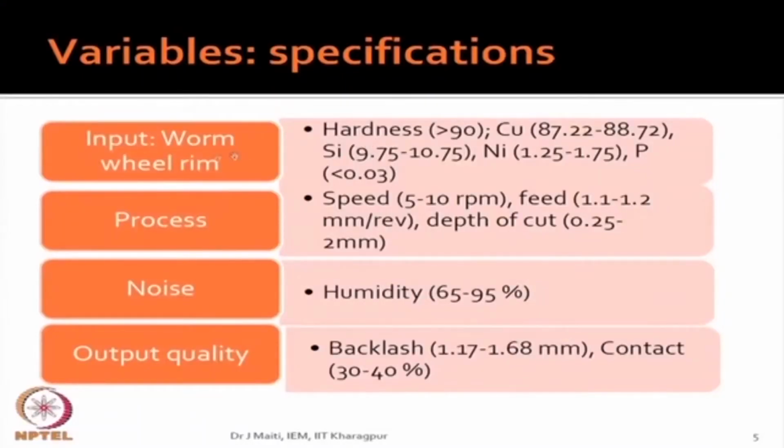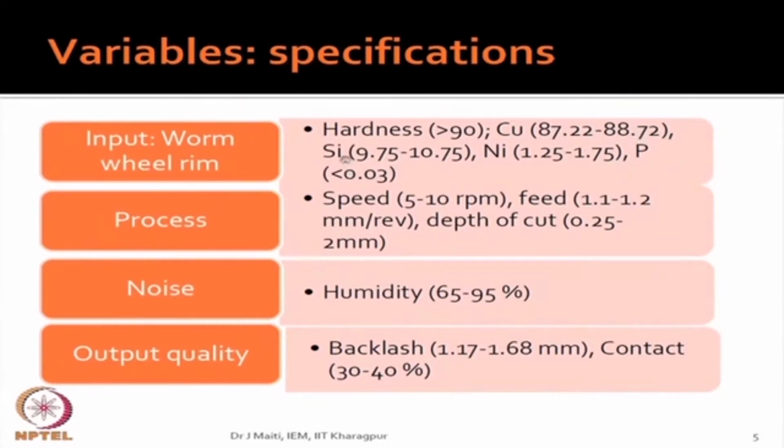Suppose the input is the worm wheel rim. Hardness, measured as Brinell hardness number, should be greater than 90. Copper is a chemical composition, and its percentage should be 87.22 to 88.72; it must be within this range.